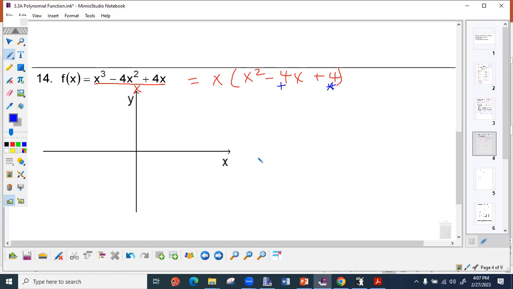What kind of 2's though? Negative 2's. So my factors are x times (x minus 2) times (x minus 2), which equals x times (x minus 2) squared. That's why step 1 is to make sure you are fully factored. So step 1 is now good to go.